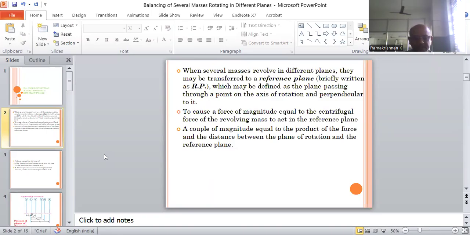The reference plane passes through the axis of rotation and is perpendicular to the axis.